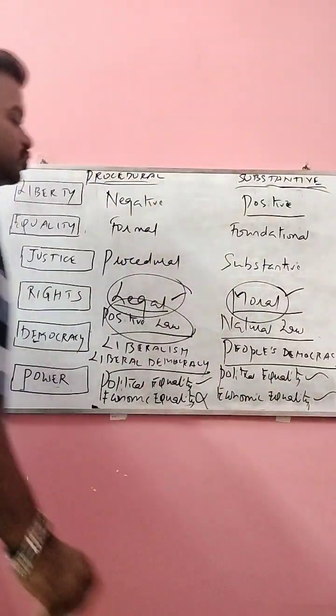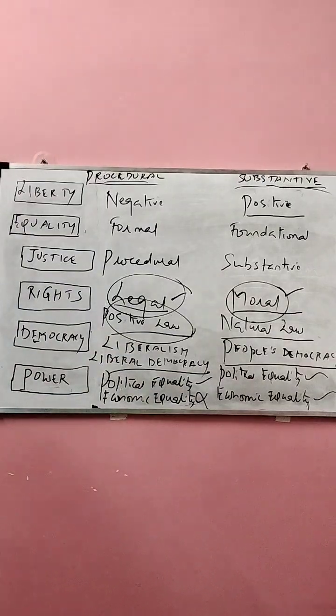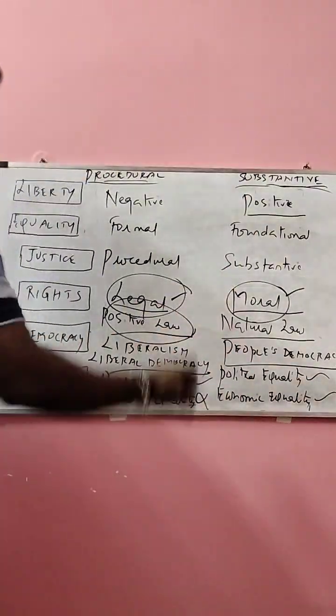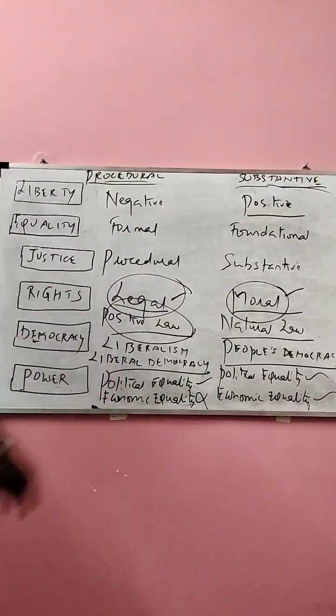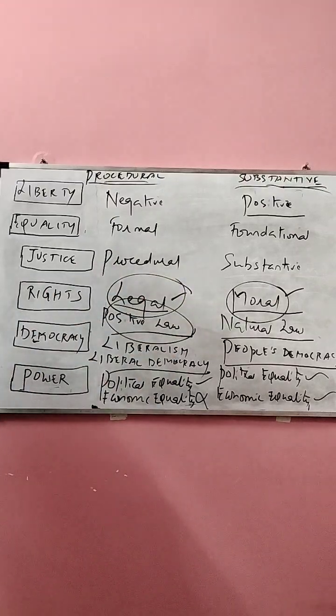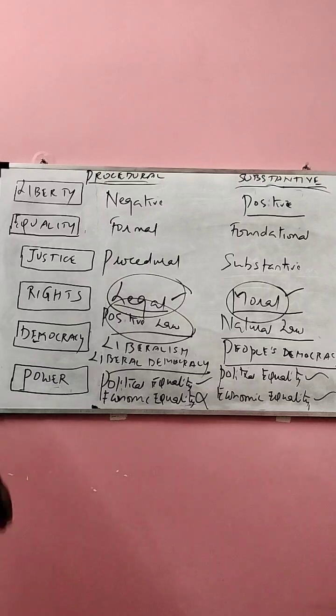According to Marxists and socialists, there won't be real equality if you don't have economic equality. There should be presence of both political equality and economic equality if you have to achieve real equality. They will explain this through the economic system. Take a simple example of a poor man.